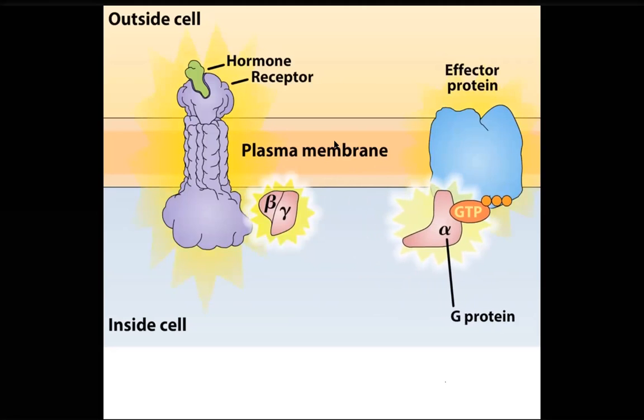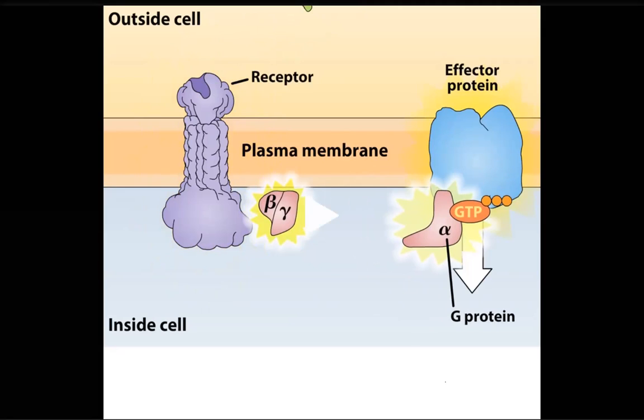A target protein or effector may be an ion channel that opens or closes in response to the G protein, or it may be an enzyme that the G protein activates or inactivates. In any case, the effector produces a result inside the cell without the external signal ever having crossed the plasma membrane. When the external signal leaves, the receptor loses its activity. So see this. The effector here refers to a molecule.